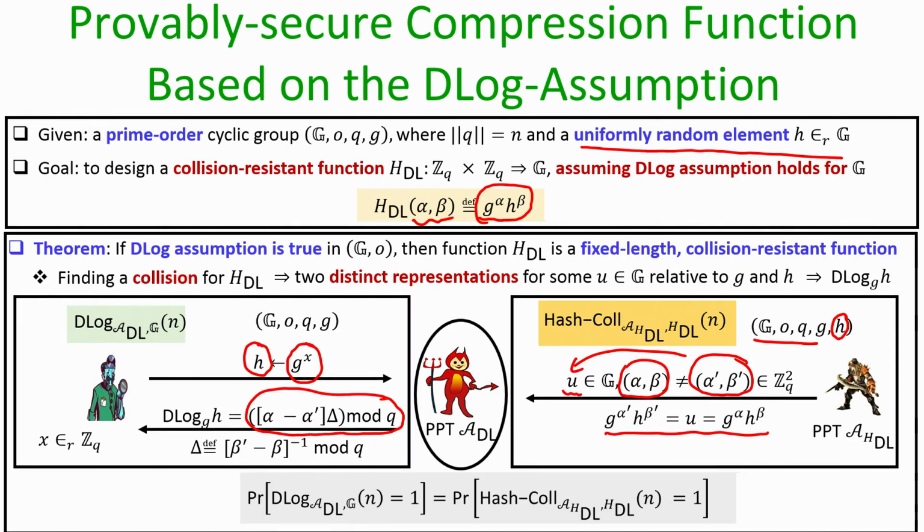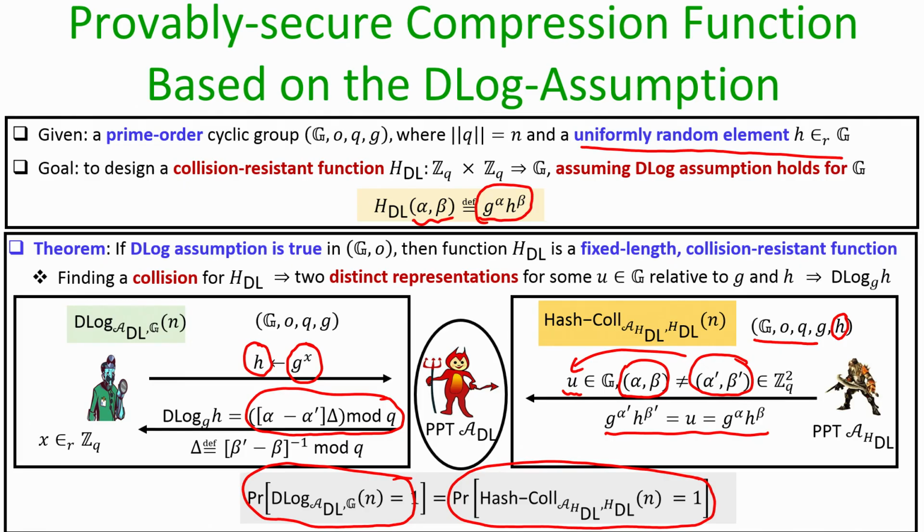And relationship wise, we can say that the probability that the D-log solver wins its experiment, namely it wins the instance of the discrete log experiment, is exactly the same as the probability with which the collision finder algorithm wins the collision finding experiment against the H sub dl function.